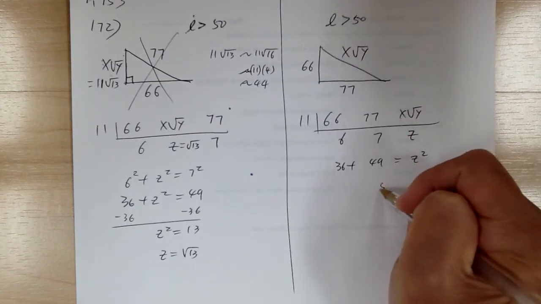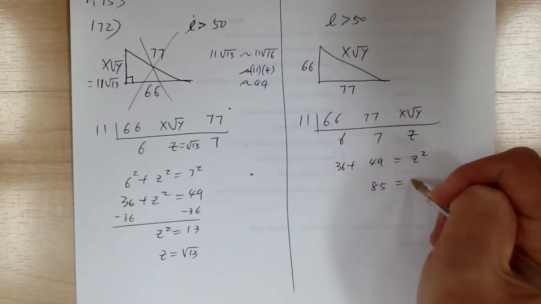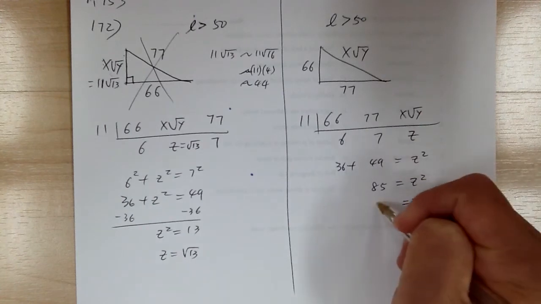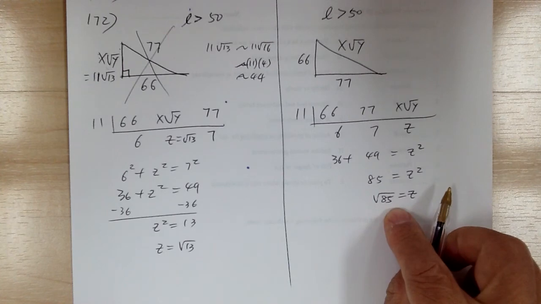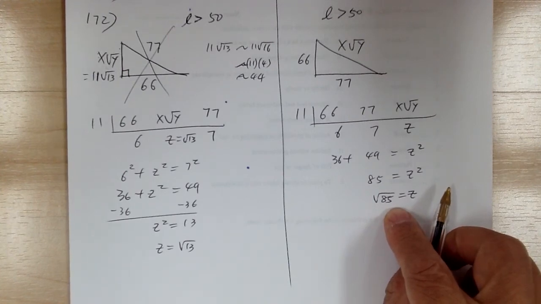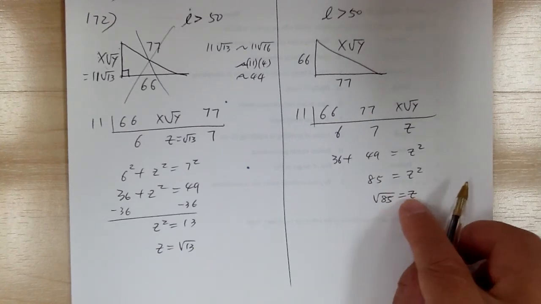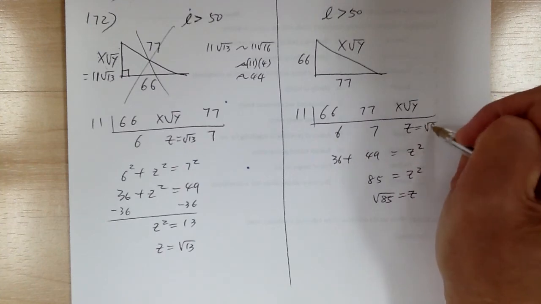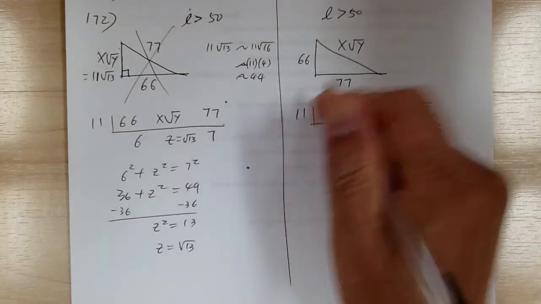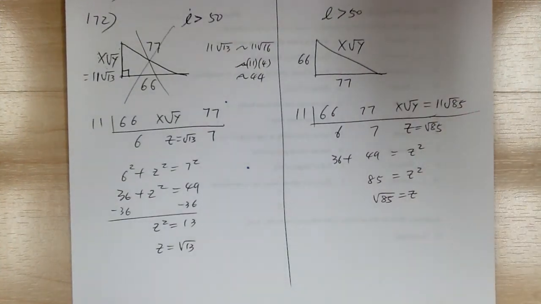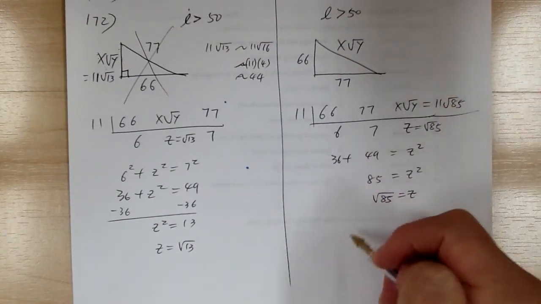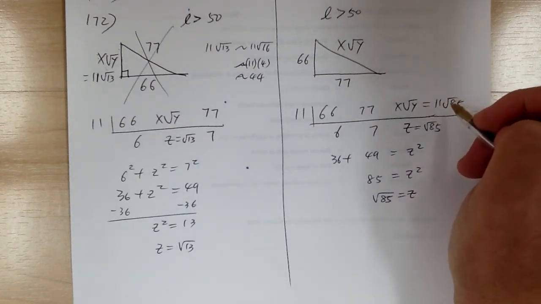Okay, so z equals square root of 85. And once you do that, this would be multiplied by 11, so it would be 11 square root of 85. And from here, now you have to check: is this greater than 50?